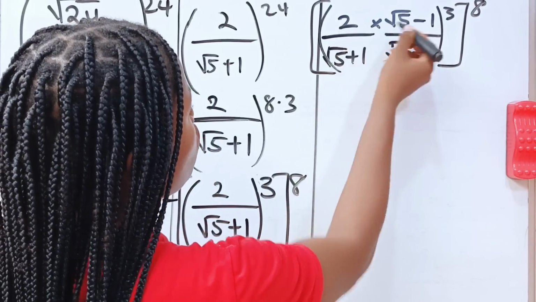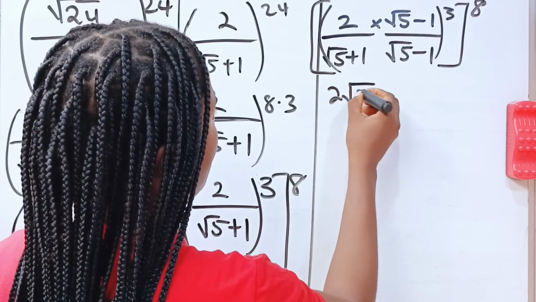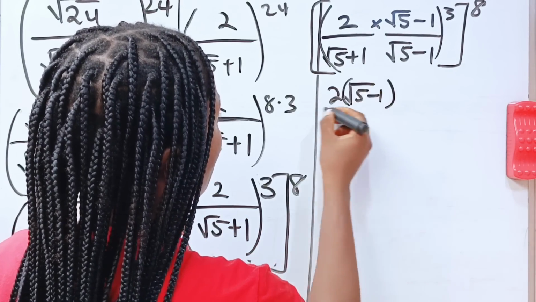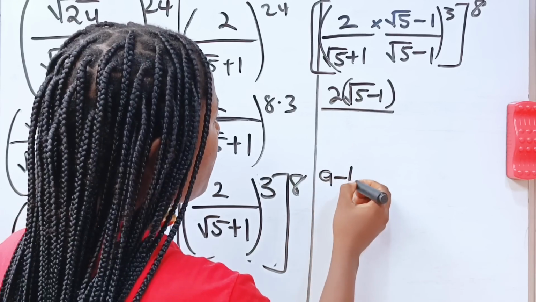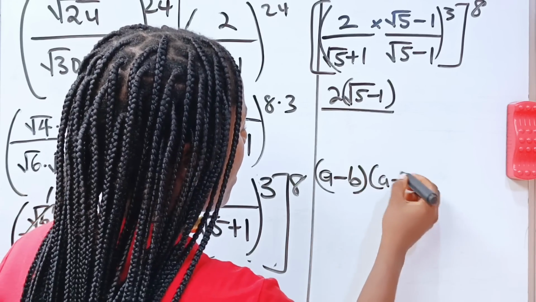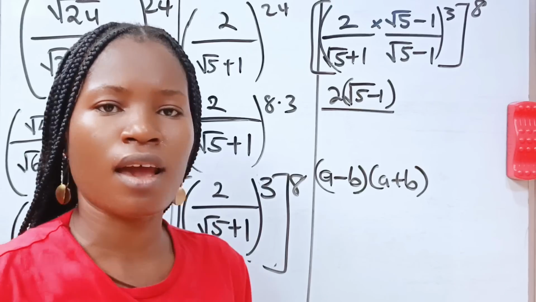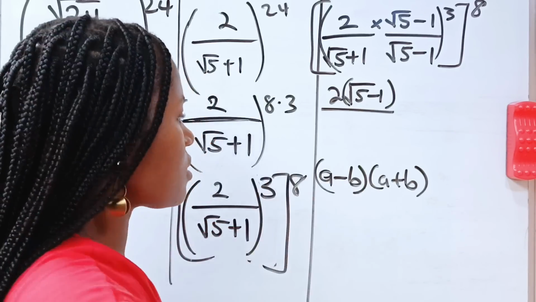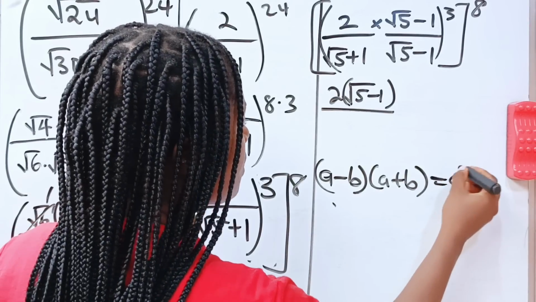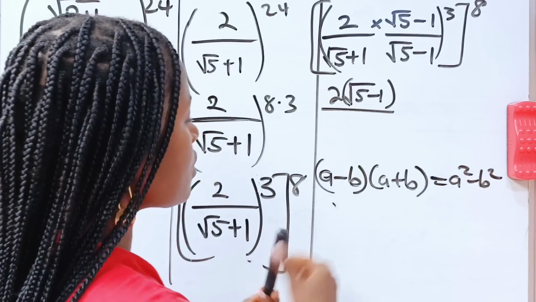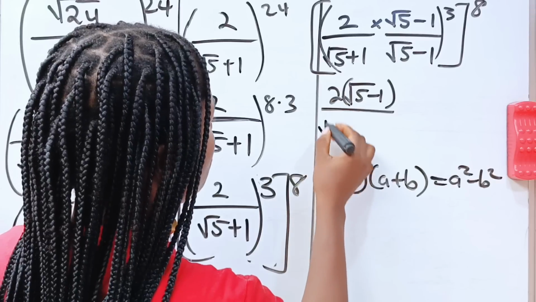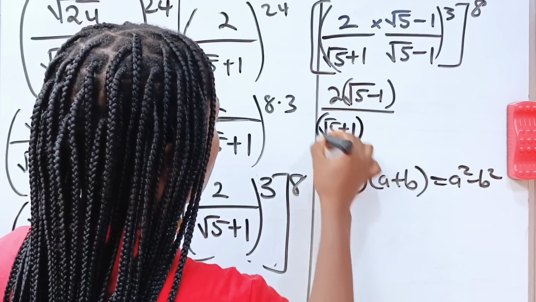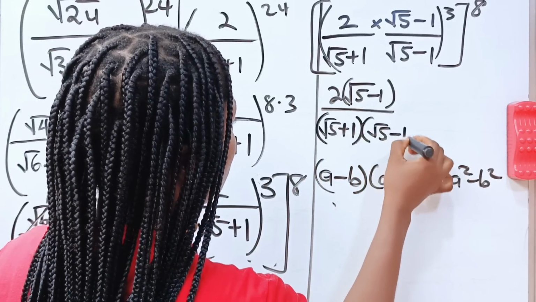So we have 2 multiplied by root 5 minus 1, divided by, now when you have a minus b multiplied by a plus b, using the algebra identity, this is equal to a squared minus b squared. Now let's compare this to what we have below, because this is same thing as root 5 plus 1 multiplied by root 5 minus 1.